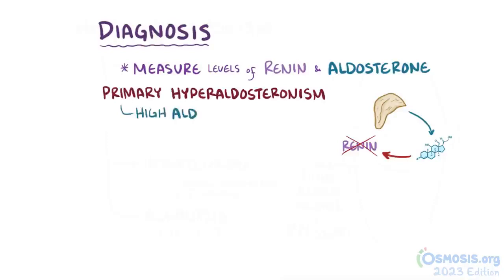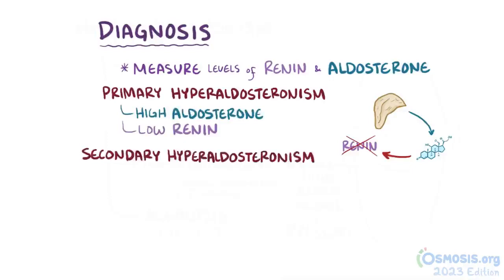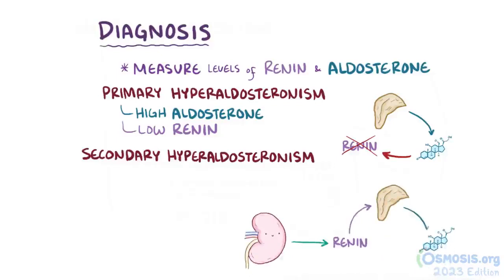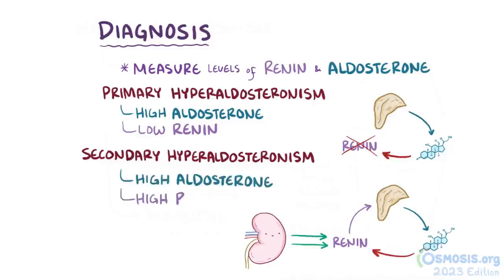So in this case, aldosterone levels are high and renin levels are low. In secondary hyperaldosteronism, on the other hand, the main problem is that there's too much renin produced by the juxtaglomerular cells of the kidneys. So even though aldosterone's inhibiting renin secretion, renin production's still being stimulated by those cells. And this means that there's both high levels of aldosterone and high levels of renin.